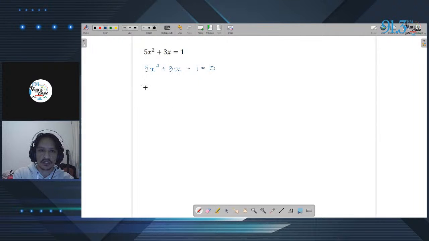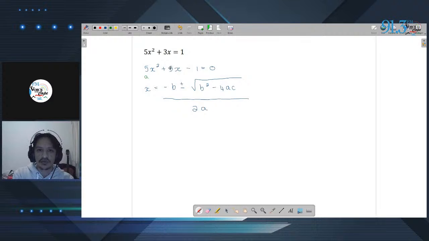And if everyone remembers, the quadratic formula is x is equal to minus b plus minus the square root of b squared minus 4ac, over 2a. Now, in order to identify what is a, remember the x squared value, the coefficient there is a.